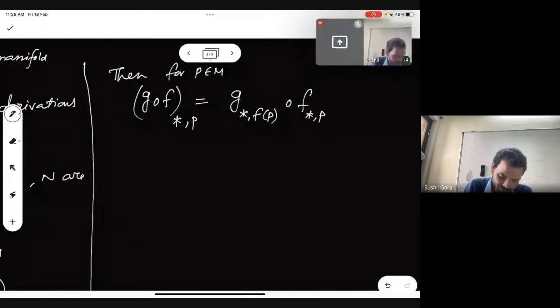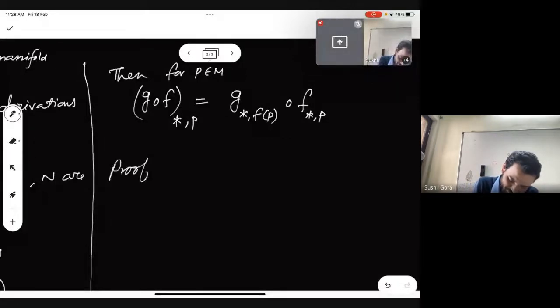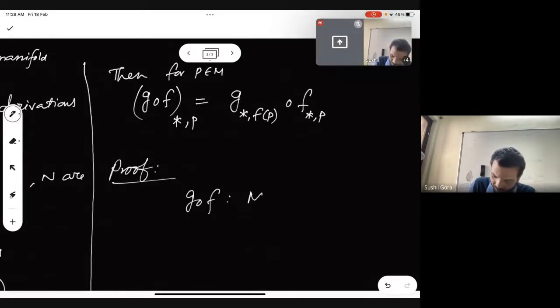All right, so how do you prove it? The proof is very easy. G compose F is a map from M to P, right?